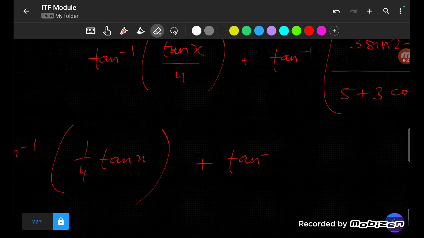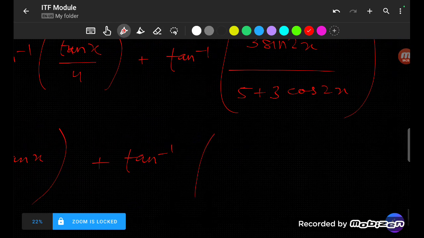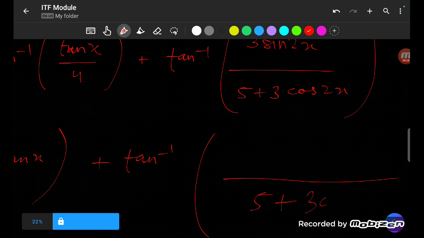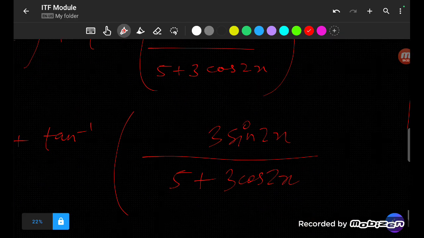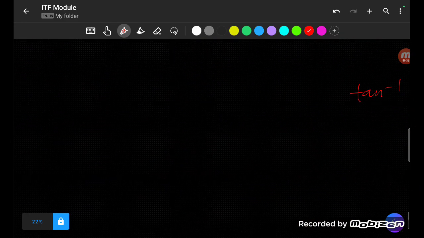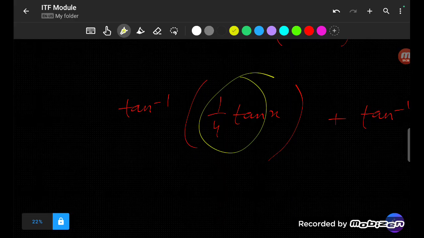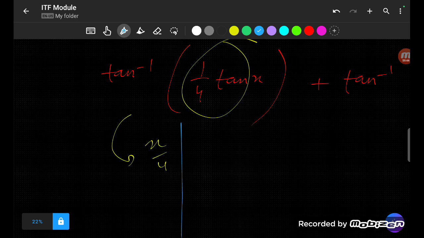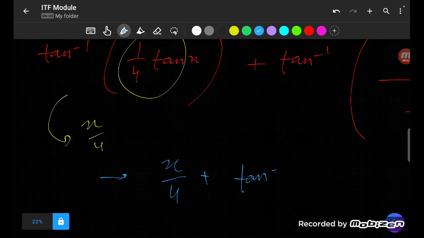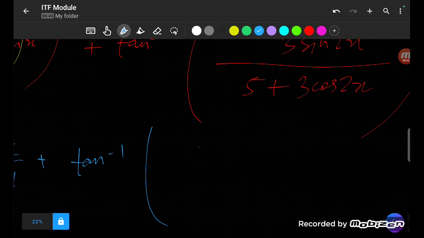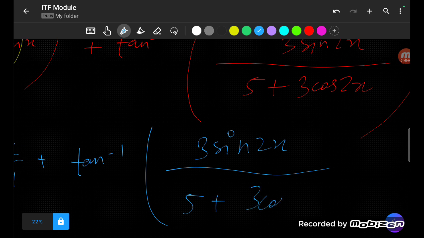This is not looking good here. On tan inverse 1, we have 5 plus 3 cos 2x in the denominator, and we have 3 sin 2x in the numerator. This one, I can tell you, will most likely be x by 4, going off the assumption that this is x by 4 plus tan inverse 3 sin 2x upon 5 plus 3 cos 2x.